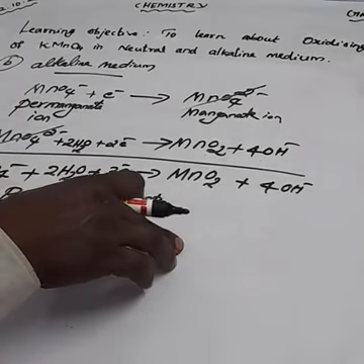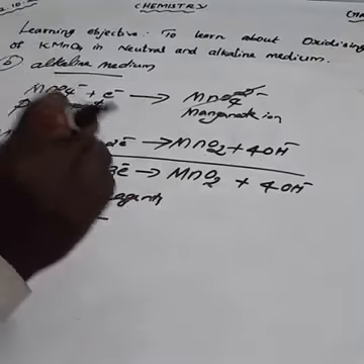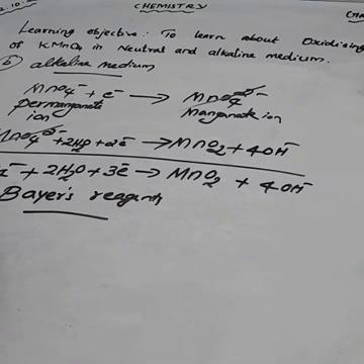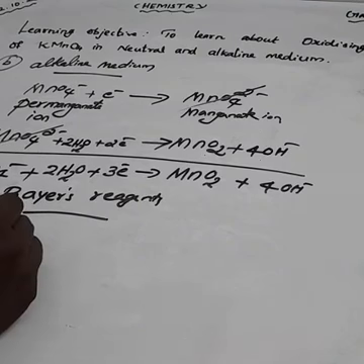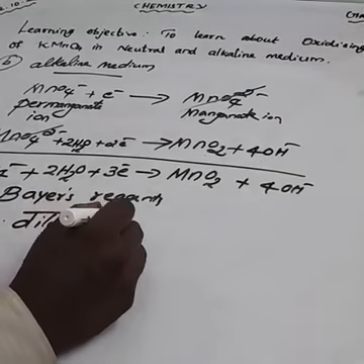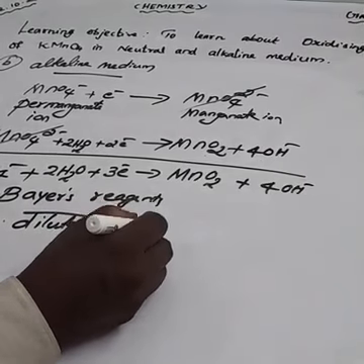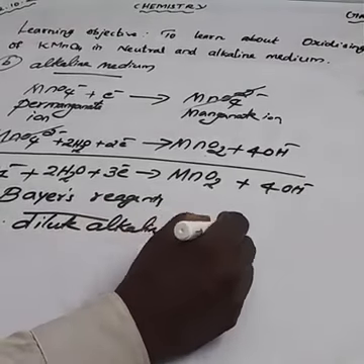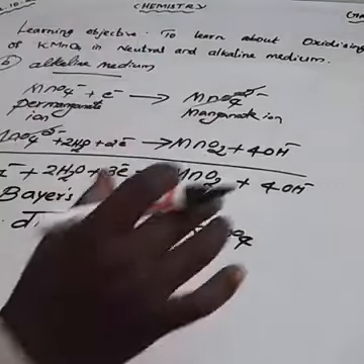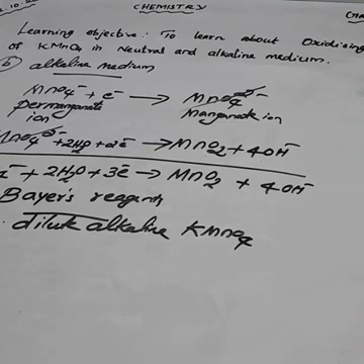What is Baeyer's reagent? Cold dilute alkaline KMnO4. What is KMnO4? Potassium permanganate. It is known as Baeyer's reagent.